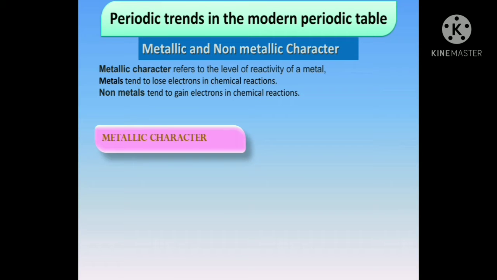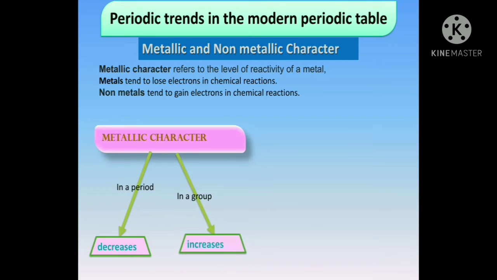If we are studying about metallic characters, then in a period the metallic character goes on decreasing from left to right, whereas in a group it keeps on increasing.